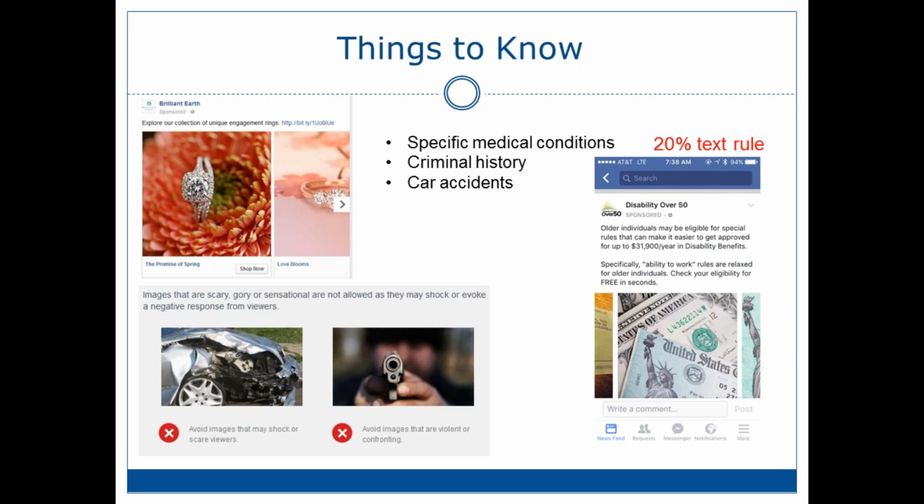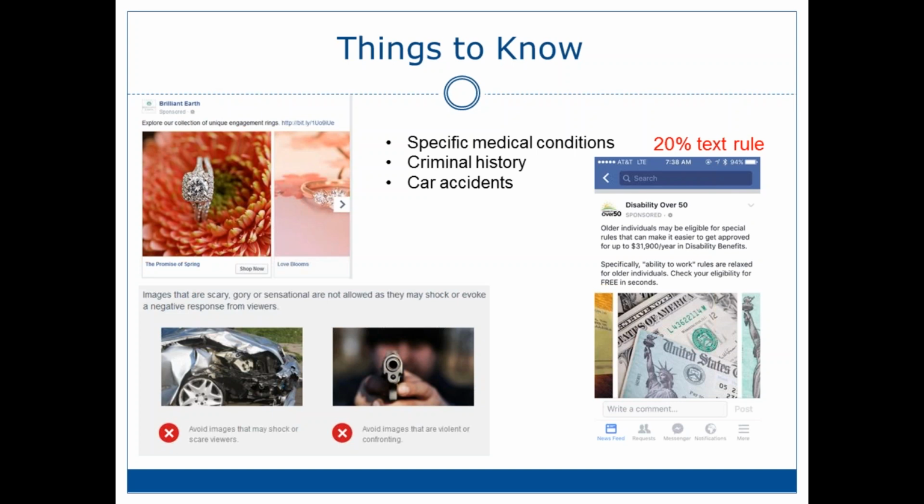When I say that you can't advertise about specific medical conditions, what I'm saying is you can't go basically find somebody's medical history and then deliver ads to them based on that, which, of course, is against all sorts of laws and HIPAA regulations. But you can, for example, say, if you have diabetes and you need help, contact us.